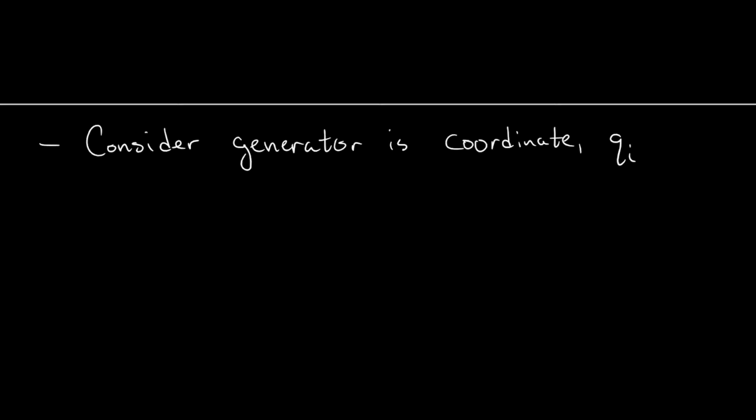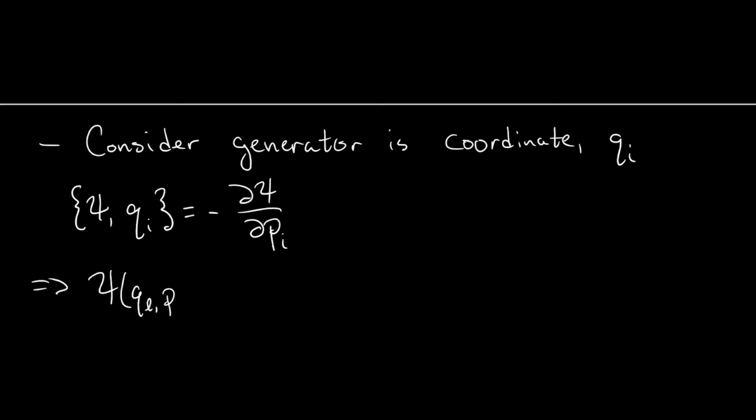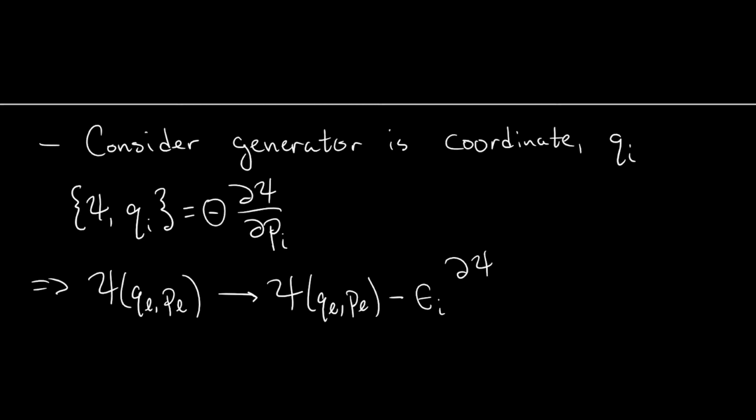We do the same thing: we find the Poisson bracket with q_i, and by similar means we find that this is just minus the derivative with respect to p_i. So ψ transforms to ψ, now minus, because of this minus sign, epsilon_i ∂ψ/∂p_i plus order epsilon squared terms.